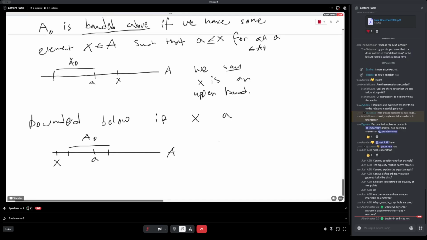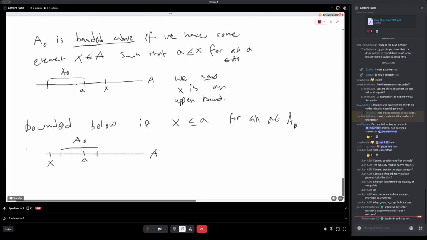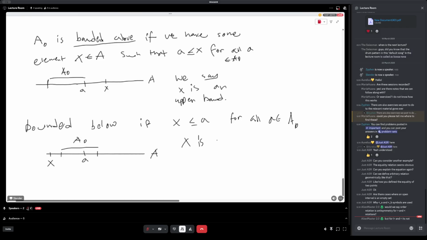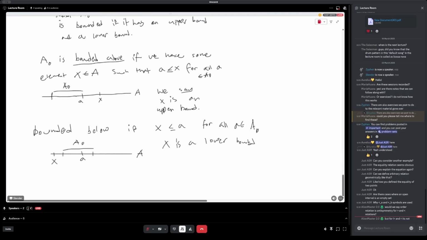My bad. If x is less than or equal to all a in A0, then this set is bounded below and x is a lower bound. So that's what upper bounds and lower bounds are.